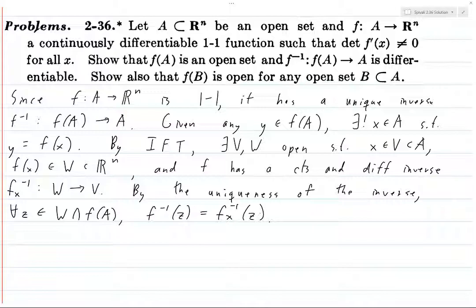But if there's a point outside of f of A, well, in fact, there can't be any points outside of f of A, because then fx inverse isn't even defined on those points, because you can't get there, because if you could get there, it would be in the image of f. Okay, so for all z in W intersect f of A, but that is f of A, so I'll just say for all z in W, f inverse of z is equal to fx inverse of z.